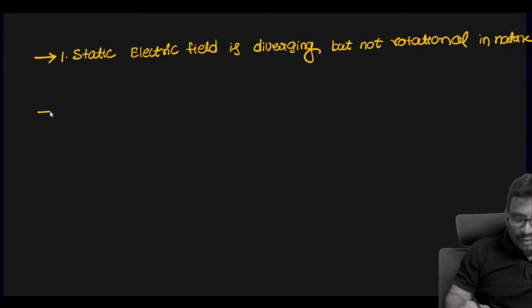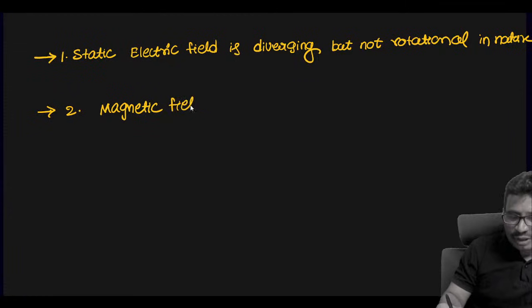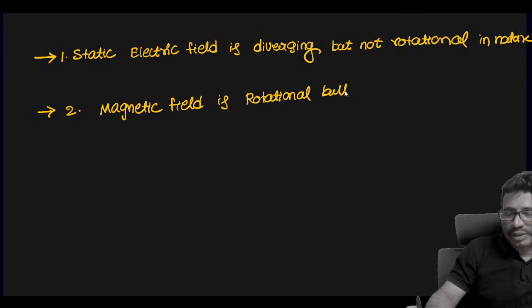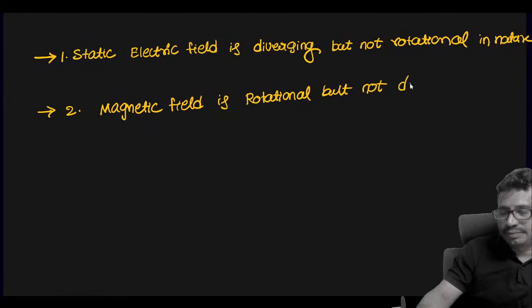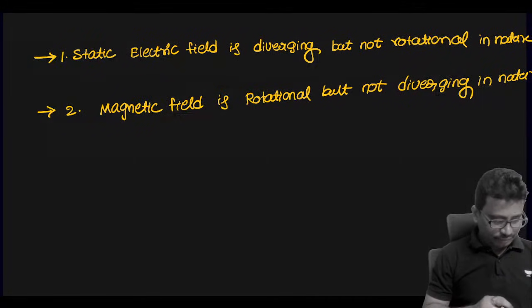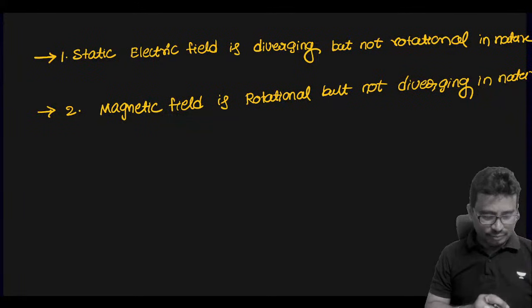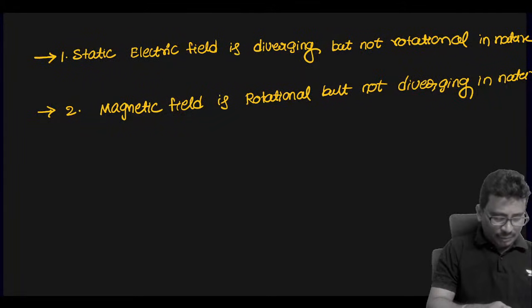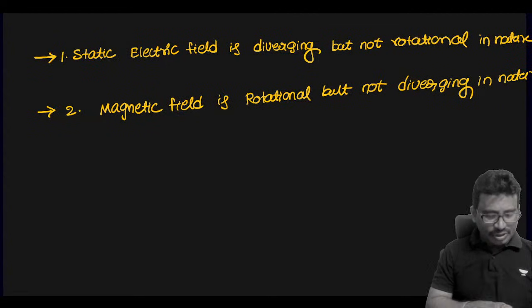And what about the magnetic field, you tell me now? The magnetic field is a rotational field, but not diverging. Okay, is this point clear to all of you?